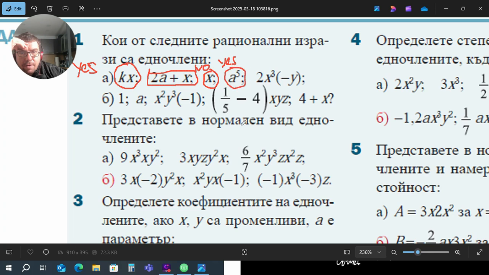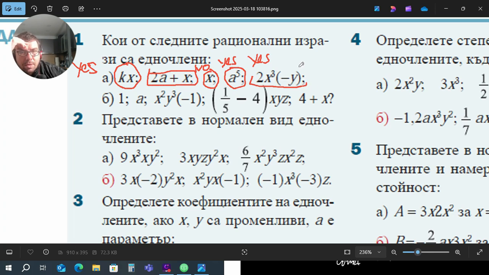A to the power of 5? Yes. Why is a to the power of 5 a monomial? Because I can multiply by x to the power of 0. I have a constant times a variable. What about here? 2x to the power of 3 times minus y. Yes, obviously, I have 2 times x to the power of 3 times minus 1 times y.